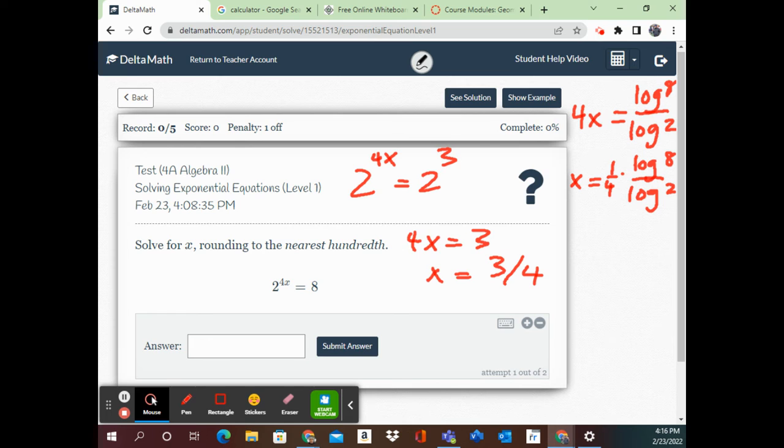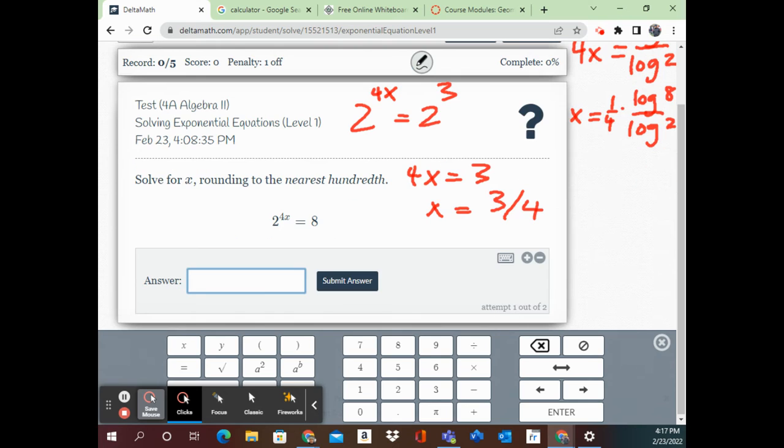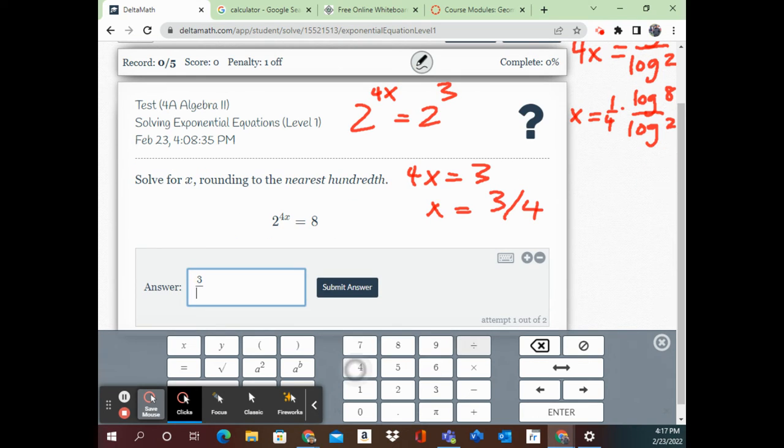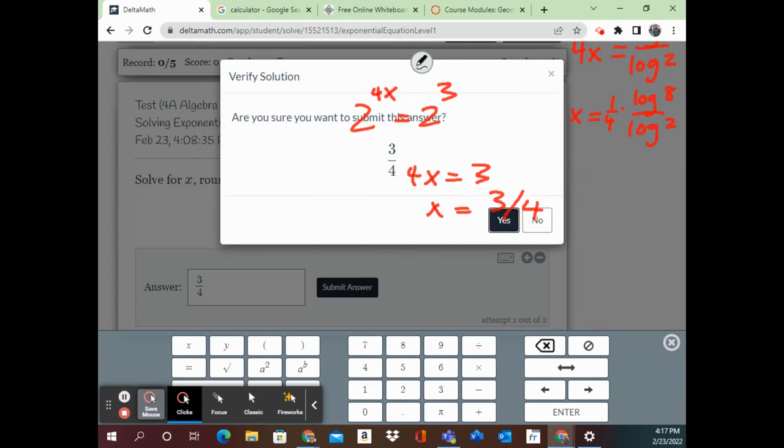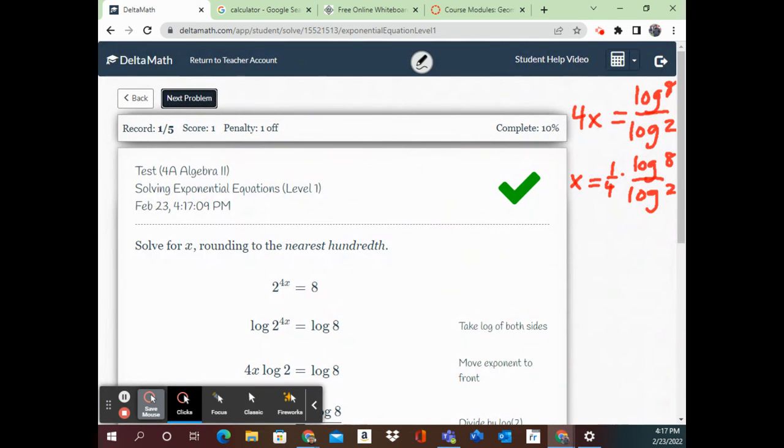It doesn't matter which way you do them. If you can make the base the same and then use your exponent rules, do that. We want to save the logarithms for when we have different bases, because it's just a lot harder to work with them.